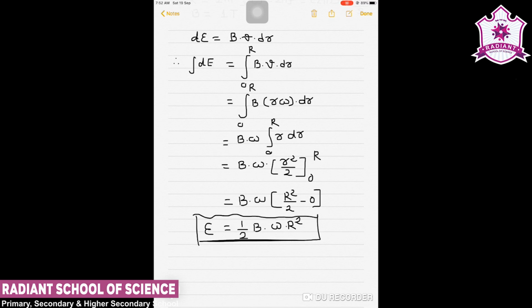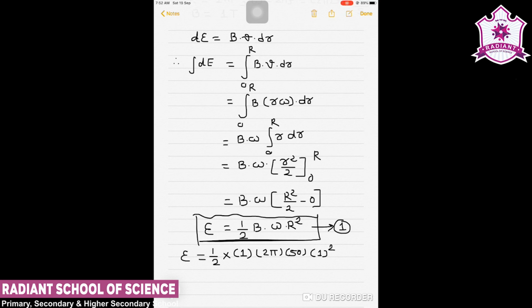So we have derived this equation. Now when we put the values, this is the equation that we have derived for the circular moving object. Just applying the values, this is 1 by 2, magnetic field is given as 1 Tesla, omega is 2 pi into 50, and radius of the rod is given, that is 1 meter, so this is 1 meter square.